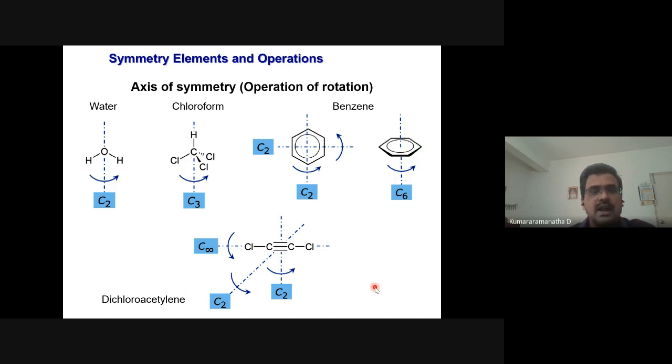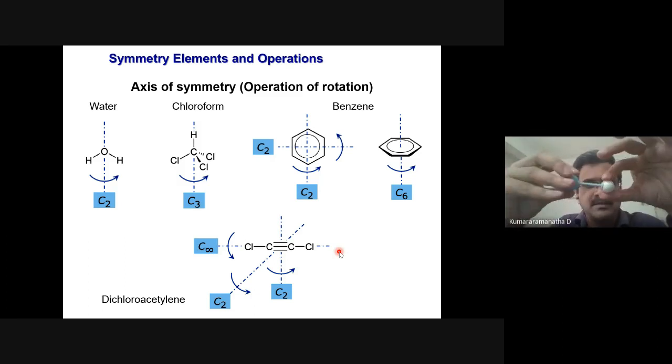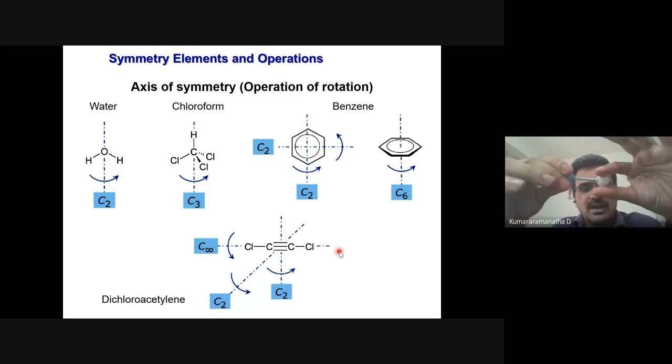Okay, and for example, dichloroacetylene. So this is infinite symmetry, meaning whatever you do, so this is an infinite mode of symmetry, because you already have a linear kind of molecule.